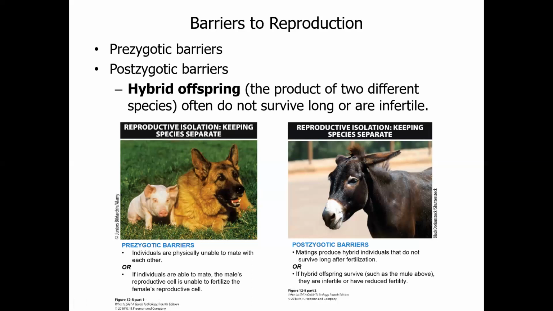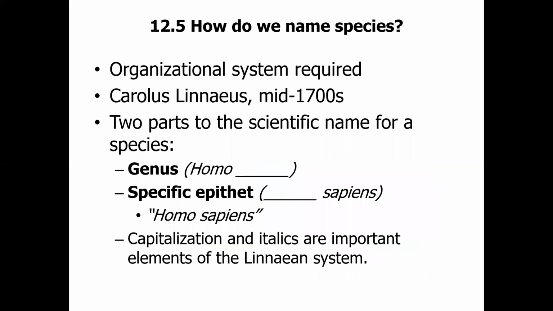However, the mule itself is infertile. It can't produce offspring. There are other cases with hybrid offspring where they just don't survive very long. They may not even make it to a year of life. So while technically it is feasible, quote unquote, it's not necessarily practical because the offspring just dies anyway. Okay, so those are our pre and postzygotic barriers.